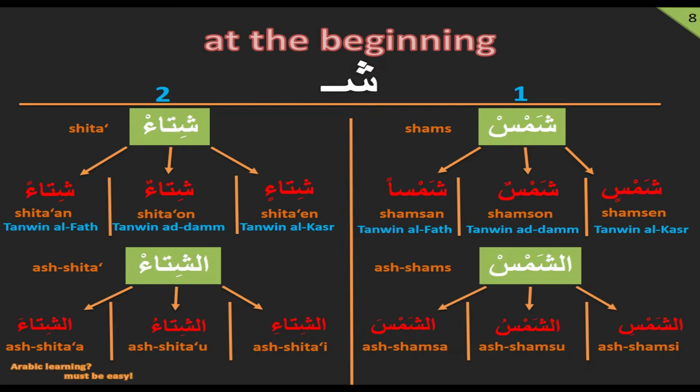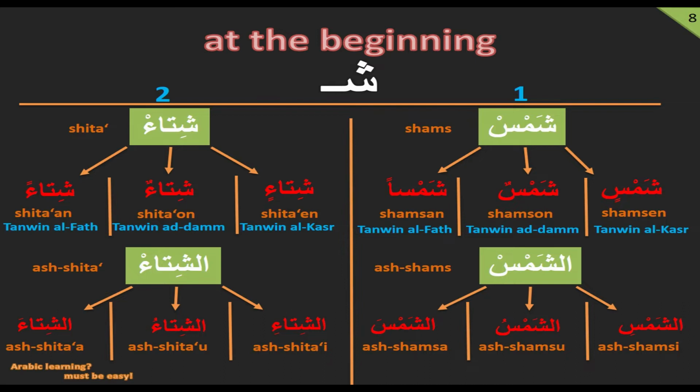Now the noun with al-ta'rif, ash-shams, we don't use any more tanween, but we will continue with tashkilat, so that ash-shams with fatha at the end, ash-shamsa, with damma at the end, ash-shamsu, and with kasra, ash-shamsi.